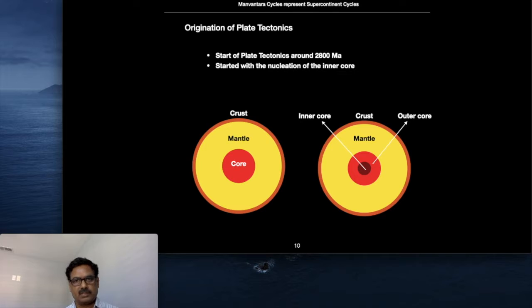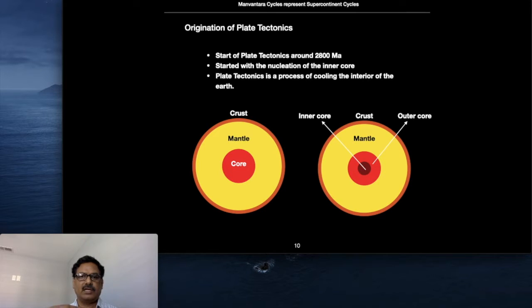As it progressed, the Earth started cooling and the inner core started to grow. The growth of the inner core started only around 2800 million years ago. And plate tectonics is the process of cooling the interior of the Earth. As it started cooling, it moves the plates around and new crust gets created, and that brings the heat from inside to the outside of the Earth, and then it cools down.